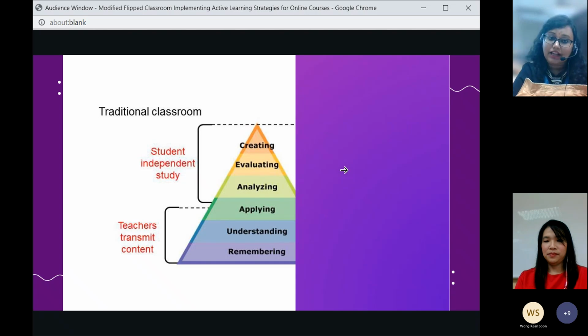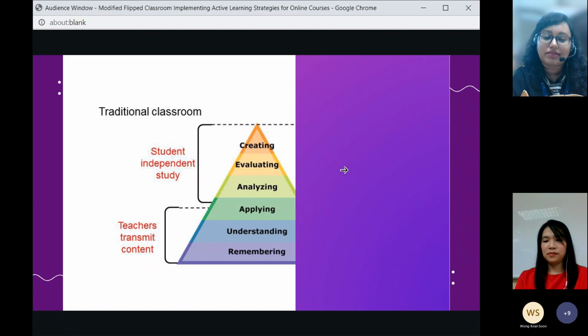Then for homework, you give them higher order thinking skill questions like: create an essay or a table, conduct a research, analyze the difference between this and this. So all these are the homework part.